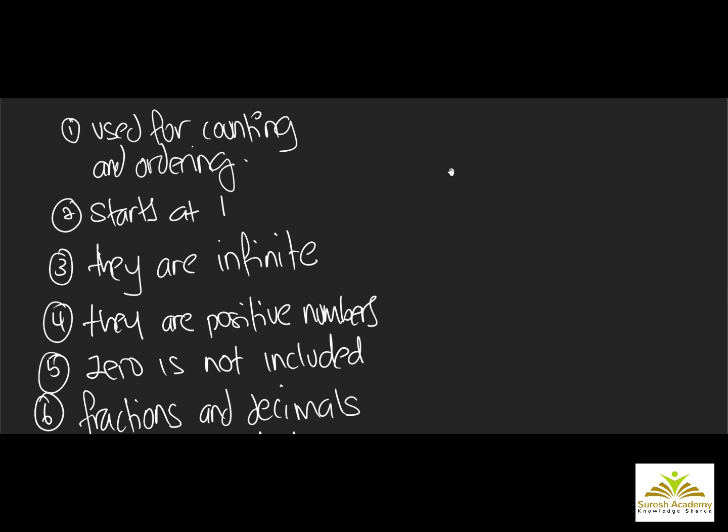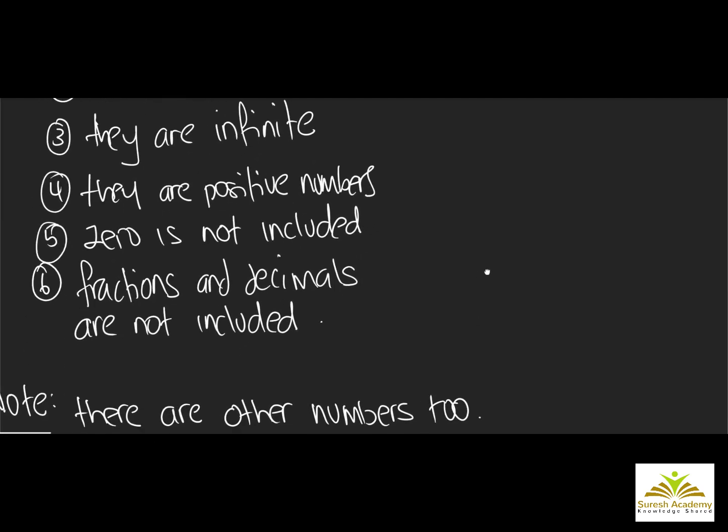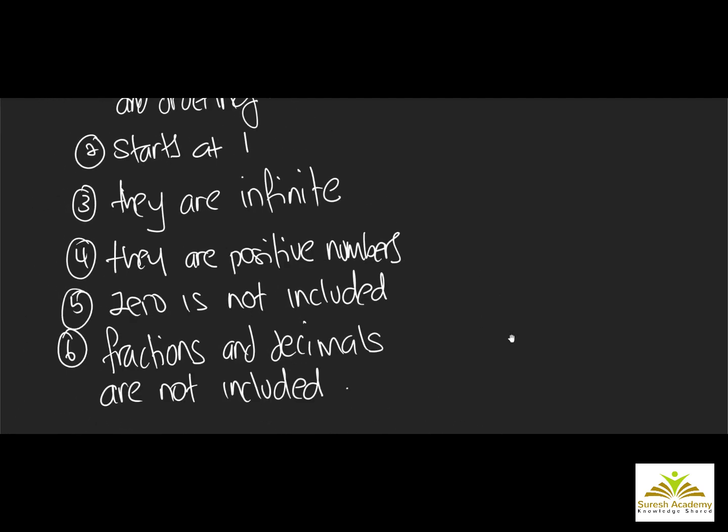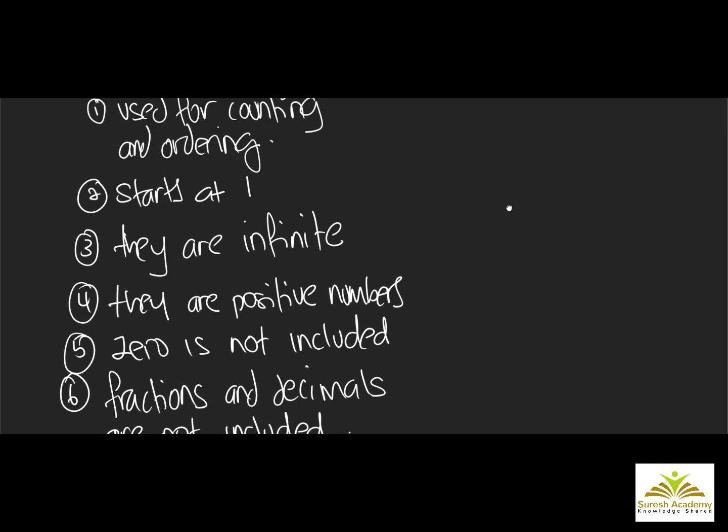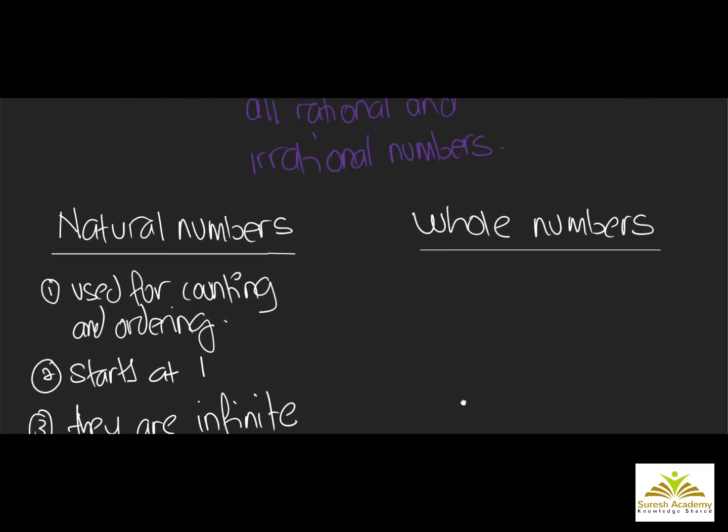Zero is not included in the list of natural numbers, and definitely fractions and decimals are not included because we can't count fractions and decimals. It's kind of difficult for us to use decimals and fractions to count, right? Those are the features of a natural number.